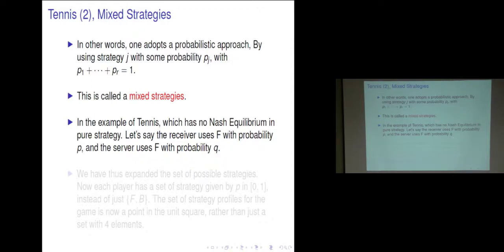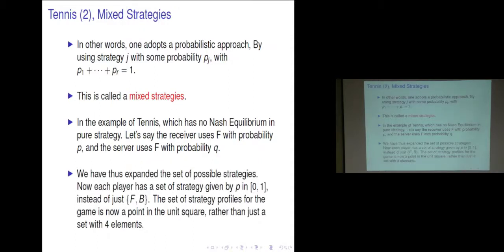So we assign probabilities. Therefore, we actually expand the set of possible strategies. Each player has a set of strategies given by a probability. Suppose in pure strategies we only have 2 strategies, S1 and S2.